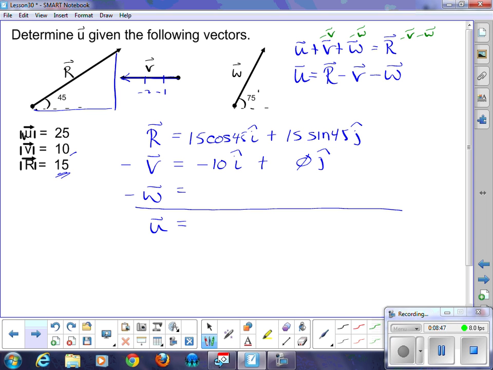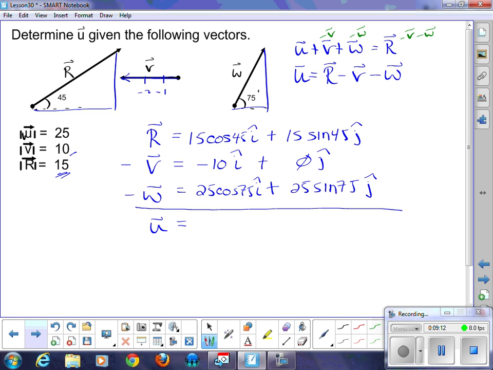So in the example here, make this one a w. So 25 cos 75, sorry, i, and we went to the right and we go up, plus 25 sine 75 j. So that's it. Now it's just calculator work. You've done all the thinking at this point.